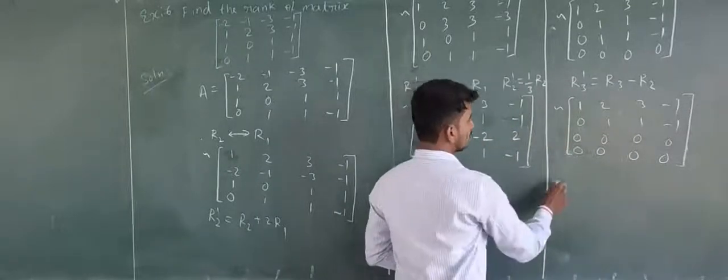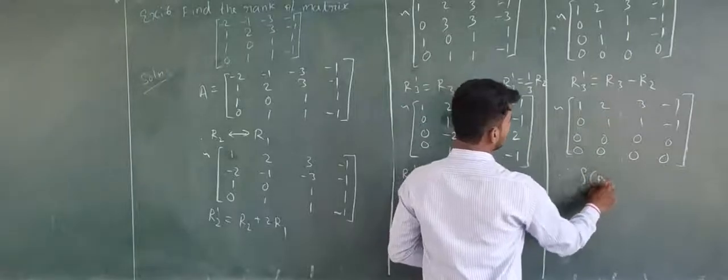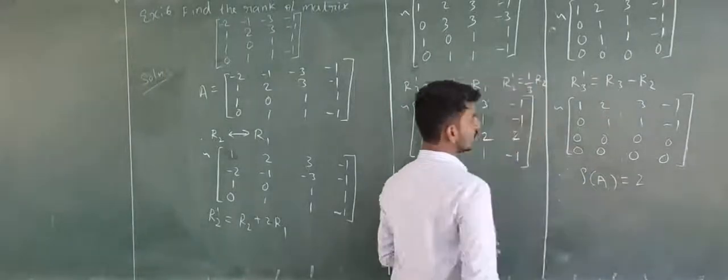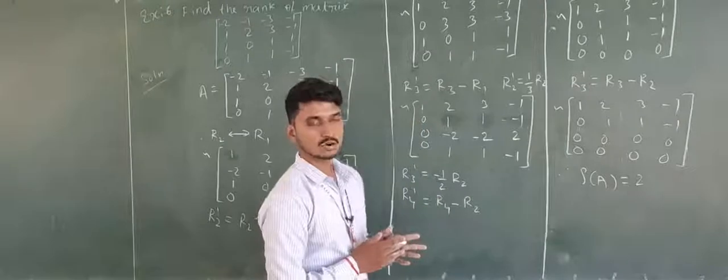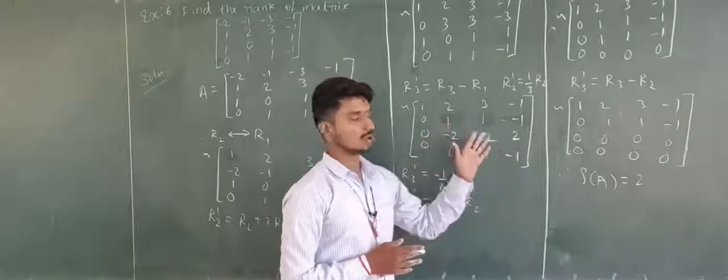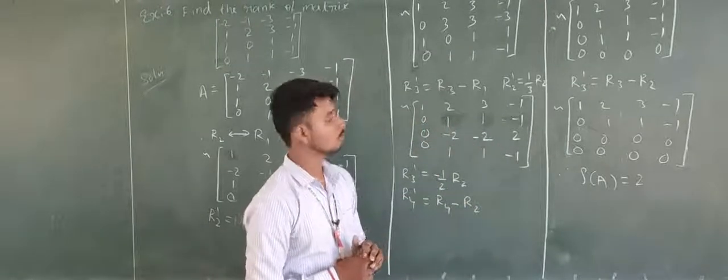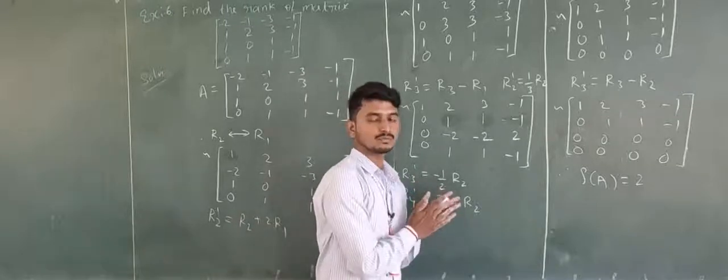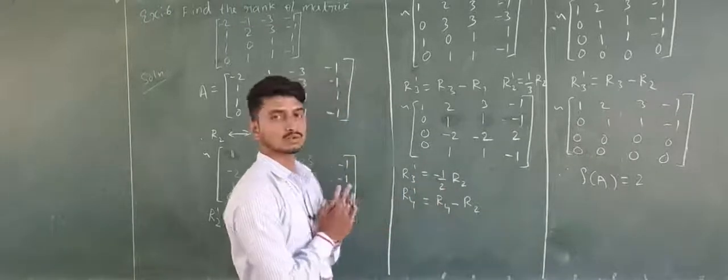Therefore the rank of the matrix is 2, because the number of non-zero rows is only 2. So the rank of this matrix will be only 2.